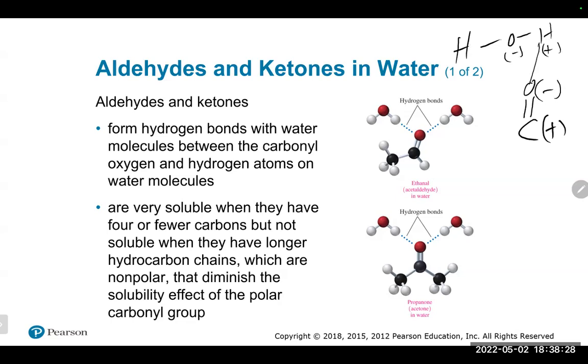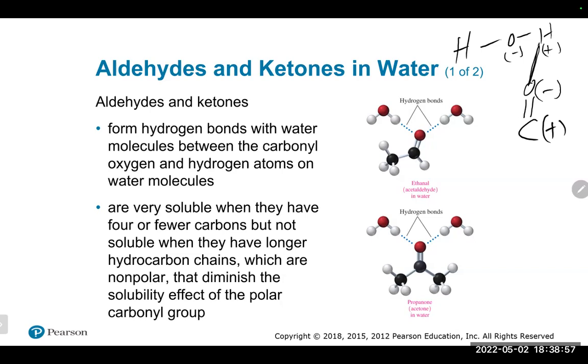It's able to do some hydrogen bonding with water. That is going to make them very soluble, but again, limited based on carbons. About 4 or fewer carbons, you're going to have some good solubility of your aldehydes and ketones. But as you build out more and more carbons, it gets harder and harder for the water to get in there to interact with that group, and the solubility pretty much goes away.